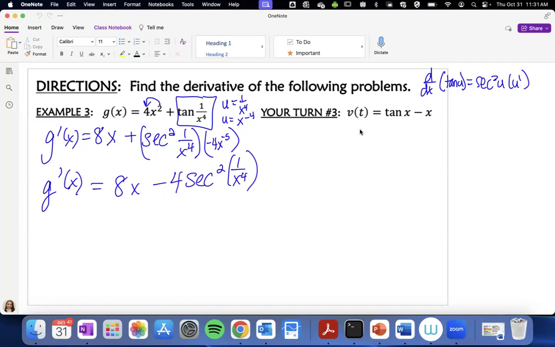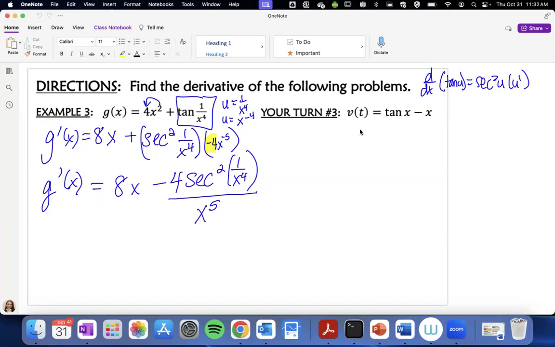Where does that x to the negative 5 go? In the denominator, yeah. x to the fifth. It becomes positive in the denominator. So I brought my constant out front of the trig function, brought that negative 4 in front. The angle stays there and it's all over x to the fifth. That's it.